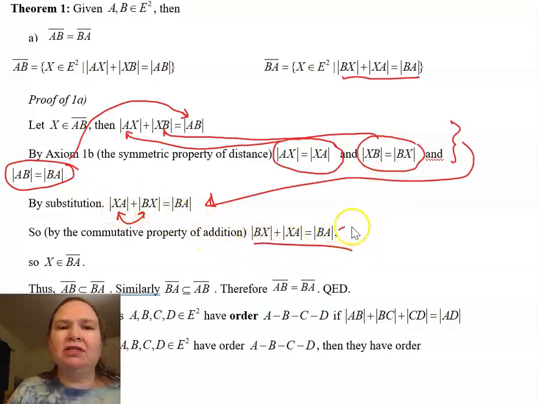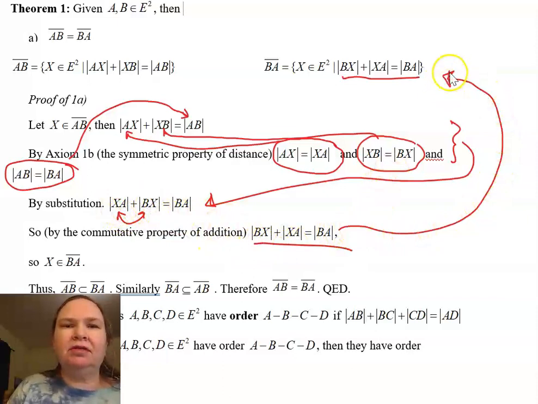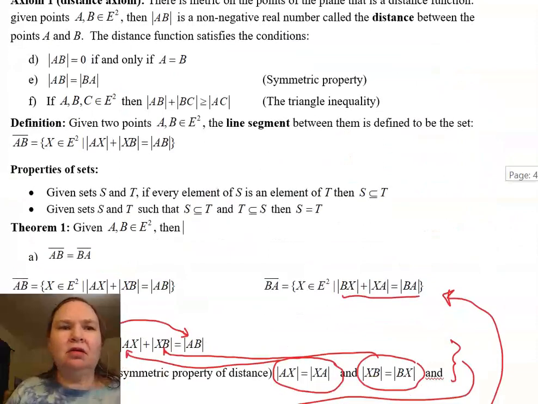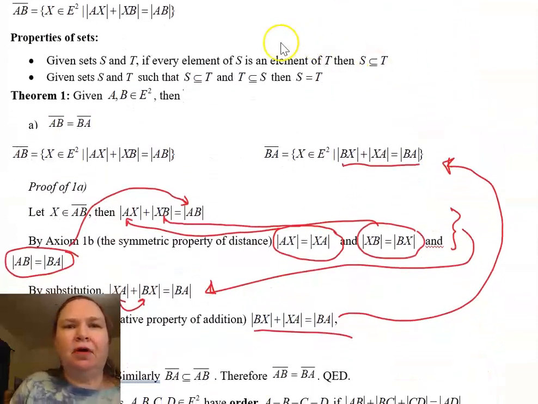And now I have exactly the property that says that something is on the line segment BA. And so I can say that X is in the line segment BA. And that is my set properties.